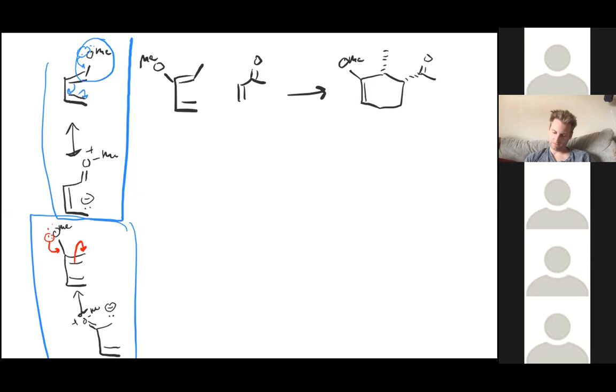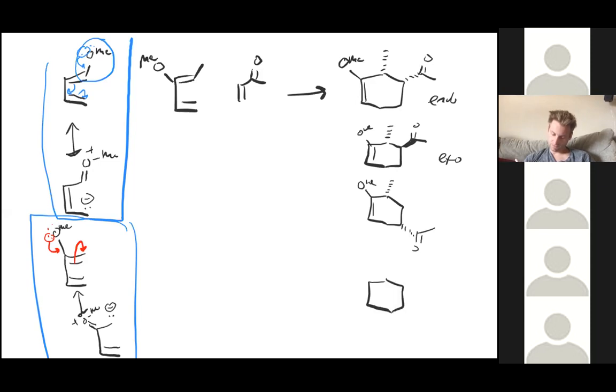This would be an endo product. This would be an exo product. We could flip it over. Put in this carbon on the bottom. Or sorry, invert the stereochemistry to get our other exo product. Like so.